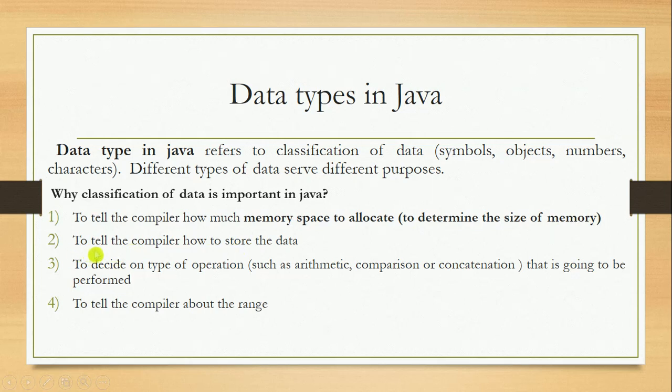Number two, to tell the compiler how to store the data. Number three, to decide on the type of the operation that is going to be performed, such as arithmetic operation, comparison, or concatenation. Number four, to tell the compiler about the range of values.